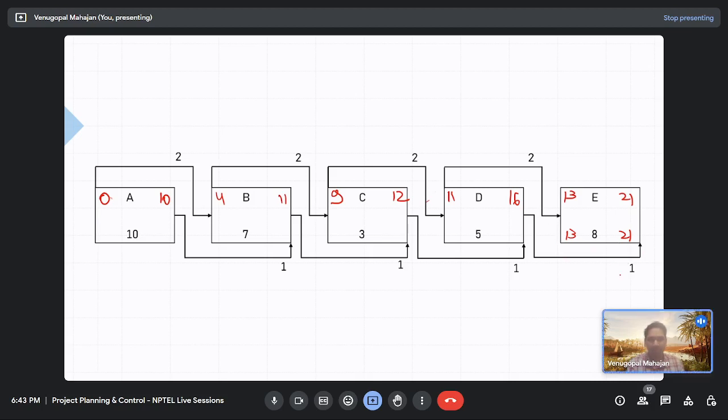So it would be 21 minus 1, right? 20. So one value you have got 20 here. Any other value? It could be 13 minus 2, 11 this side. So 11 plus 5, 16. Yes, sir. 16 would be the answer. As it is backward pass, we will be taking the minimum values. So 16 and 11.